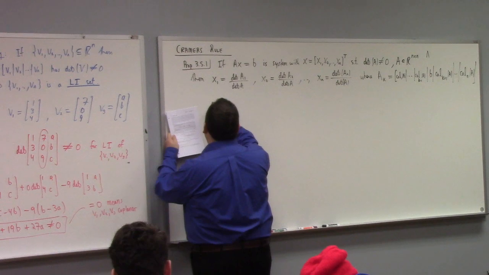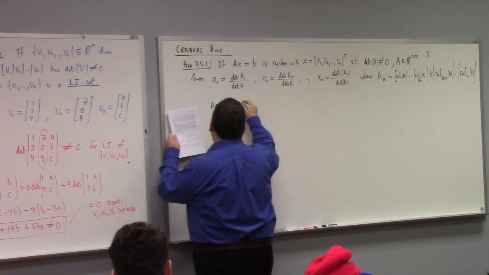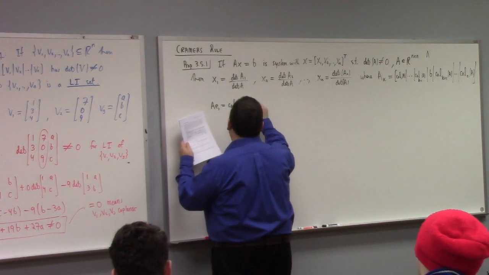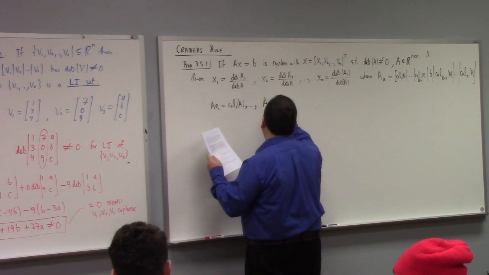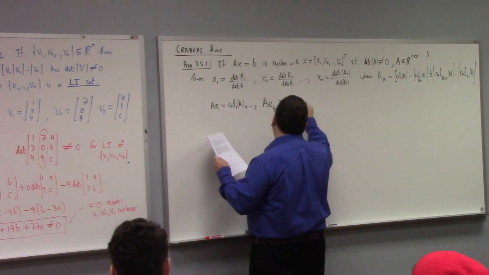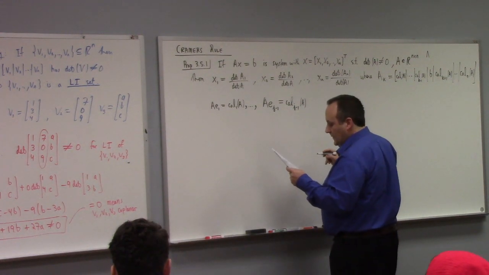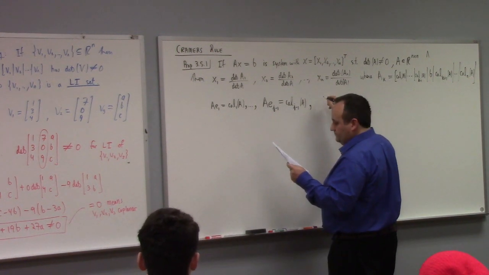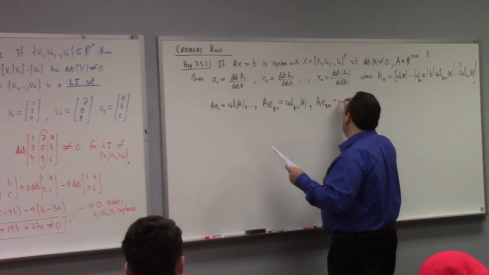He looks at AE1 equal to column 1 of A. And so forth and so on. Eventually, he gets to AEj minus 1, which of course gives us column j minus 1 of A. And then next up, he looks at AEj plus 1, which is column j plus 1.